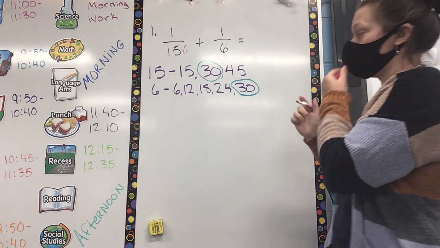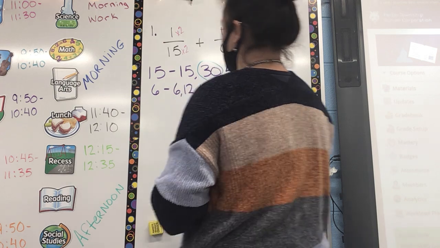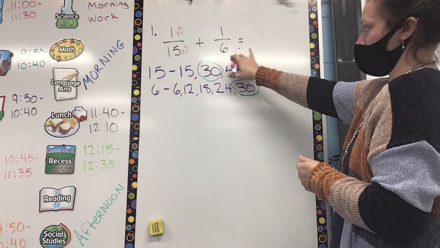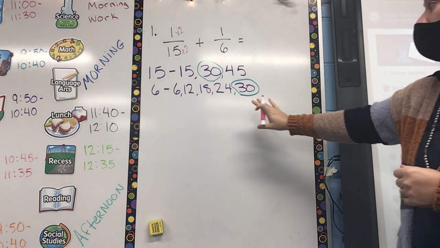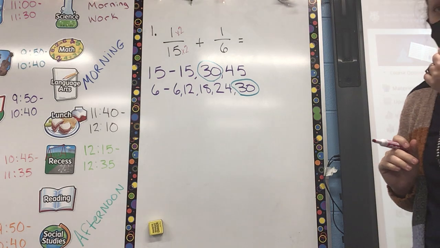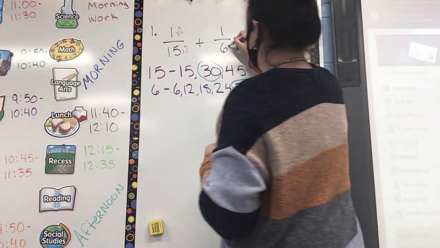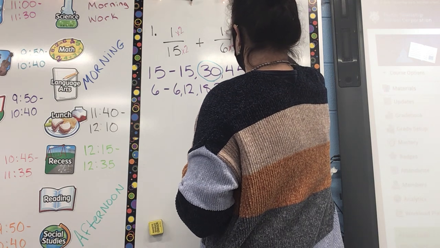It also then gets to multiply by 2. Very nice. Let's come over to my 6. My 6 needs to become a what? 30. It needs to become a 30. So 6 times what is 30? 6 times 5. And what I do to the bottom, I also do to the top.